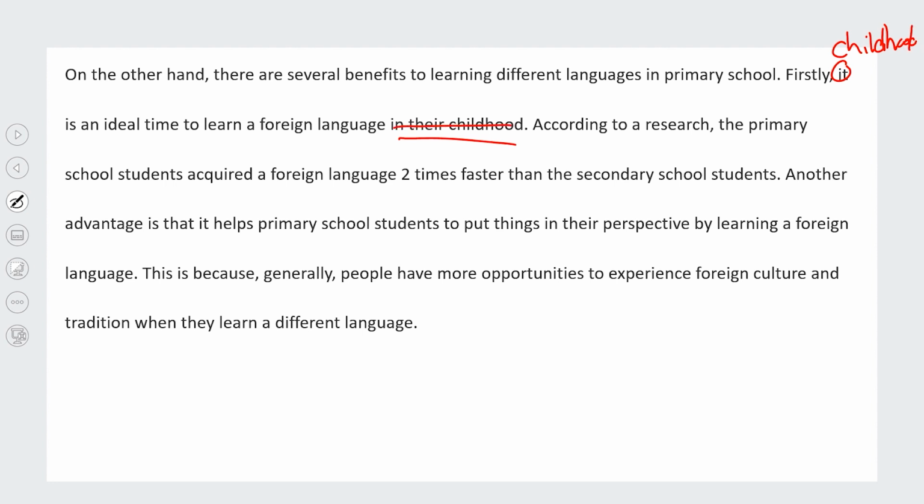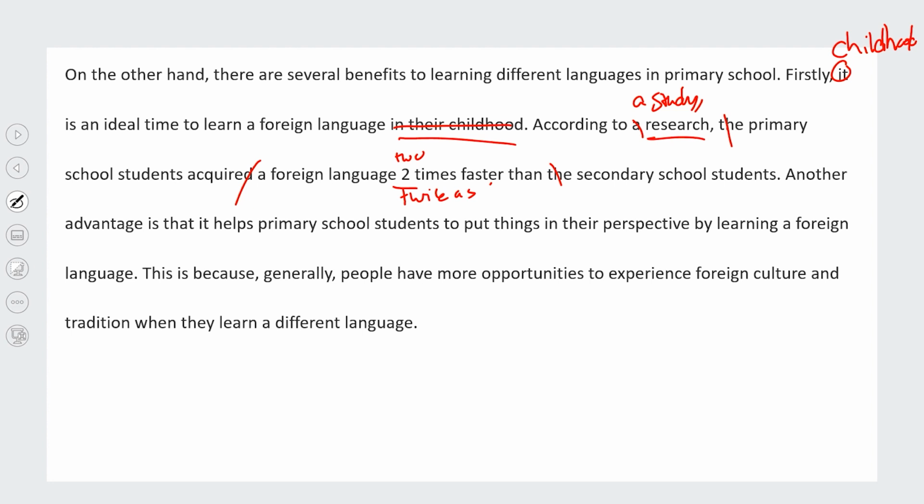According to research, it would be according to a study, but according to research in general, the primary school students acquire a foreign language 2 times faster than secondary school students. This should really be written 2 times faster, or it should be twice as fast. Could also be a way to write it.